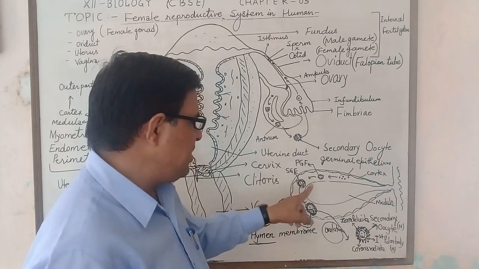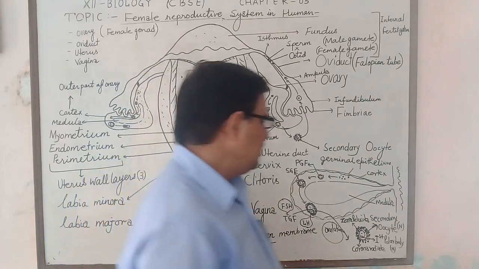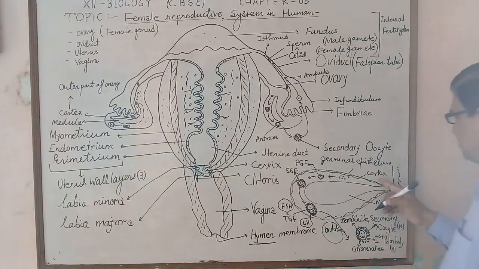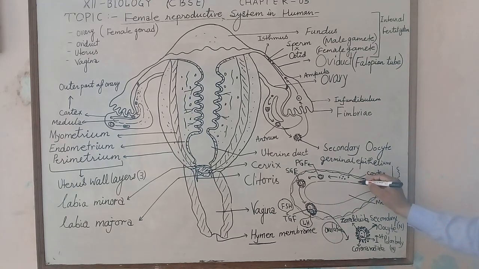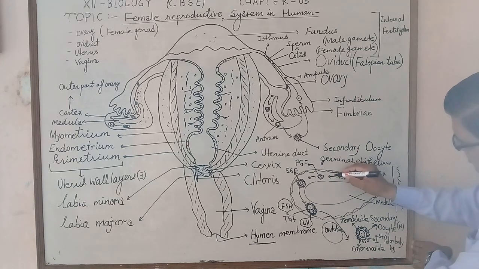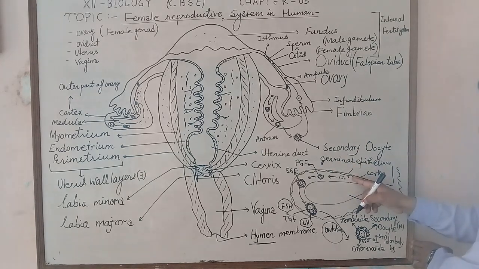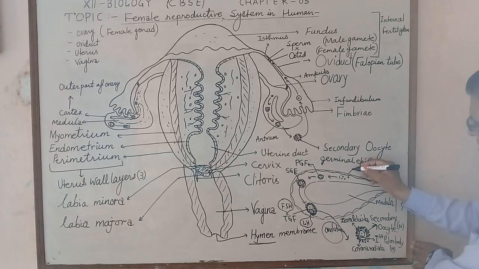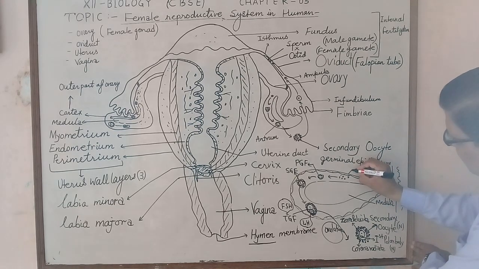Graafian follicle development occurs in the cortex part, which generally has the Graafian nest, developed by the germinal epithelium layer.